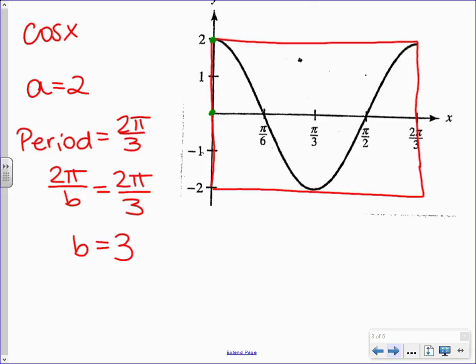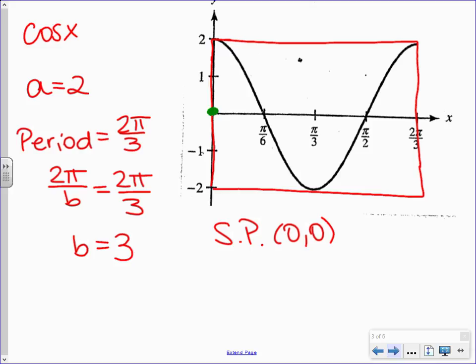So for cosine, we're always going to begin our curve in the corner, but our starting point is always going to be right here in the middle of that frame. So our starting point is at 0, 0. I'm doing this example because that's a very common mistake to make.